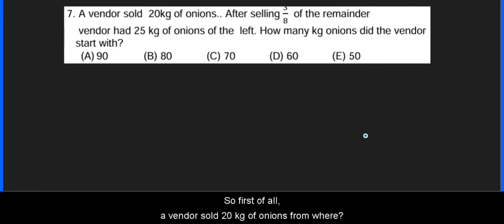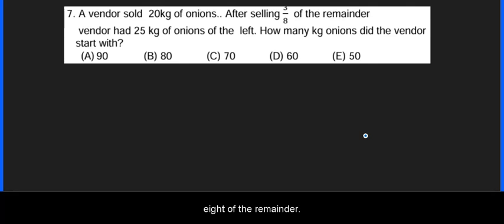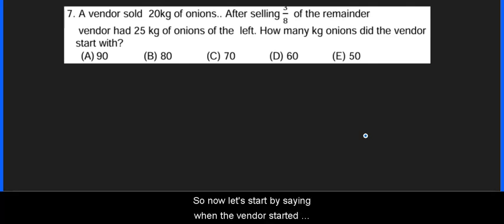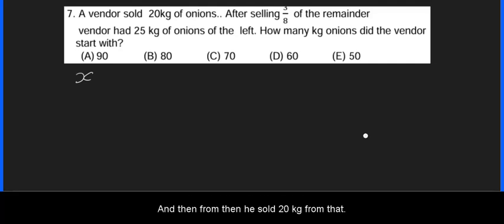So first of all, a vendor sold 20 kg of onions from where we do not know. Okay, so after selling 3 over 8 of the remainder. So now let's start by saying when the vendor started selling, he had X amount of the onions, and then from then he sold 20 kg from that.